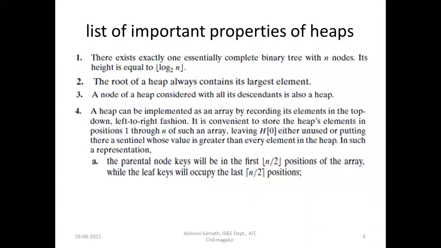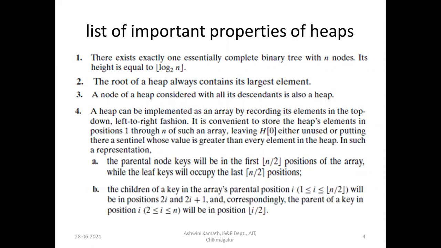To get these positions, we have to consider from the first position: instead of h of 0, we consider from h of 1. Second, the children of the key in the array's parental position i, where i is greater than or equal to 1 and less than or equal to floor of n by 2, will be in positions 2i and 2i plus 1.